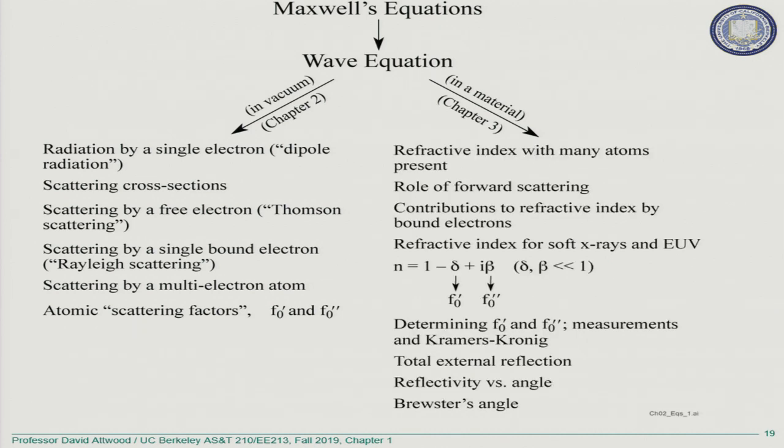And then chapter 3 goes into the more macro scale view, talking about how we determine the index of refraction from scattering factors, and how we measure both real and imaginary parts using the Kramers-Kronig relationship, which I'll talk a little bit about.